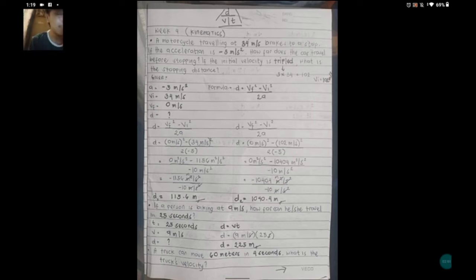Dito ika-cancel natin yung second, so mawawala na siya. Then yung meter squared over meter, mawawala na yung meter sa denominator, then sa numerator ay may matitirang isa kasi naka-square siya.